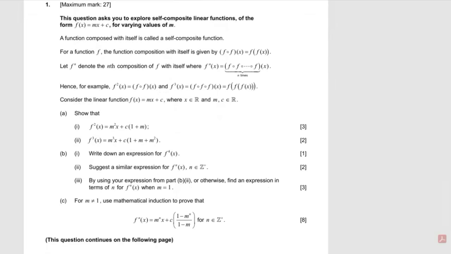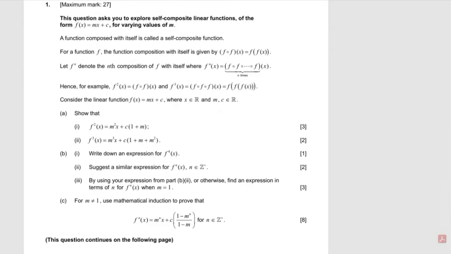This is a 27 mark question. It asks you to explore self-composite linear functions of the form f(x) = mx + c for varying values of m. A function composed with itself is called a self-composite function. For example, for the function f, the composition with itself is given as f(f(x)).